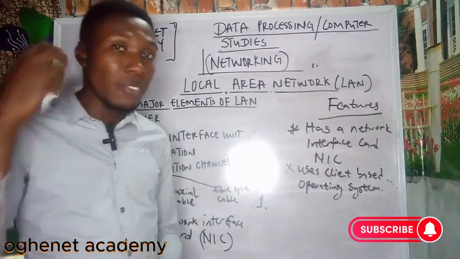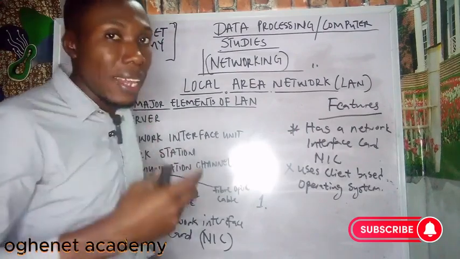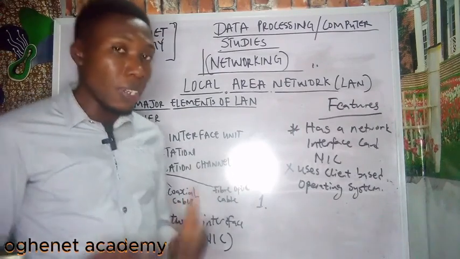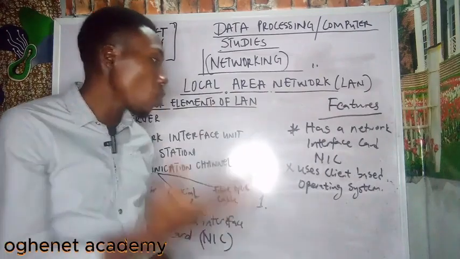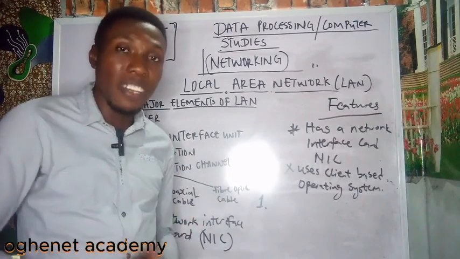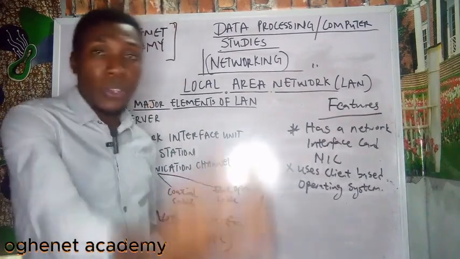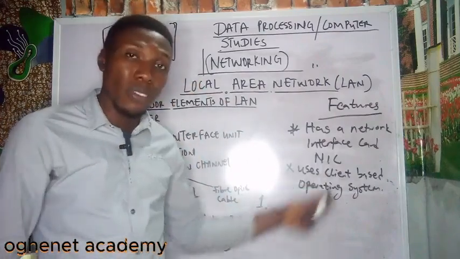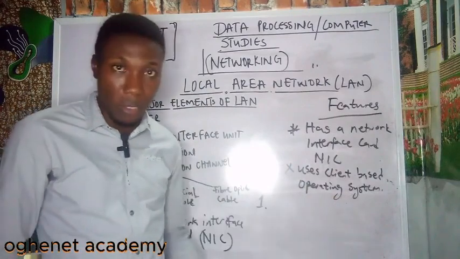So just have that at the back of your mind. Client is, we're not talking about buying and selling now. We're talking about someone that is making use of a particular service. A service has been provided and somebody is using that service that has been provided. So in the context of networking, that's what client is.